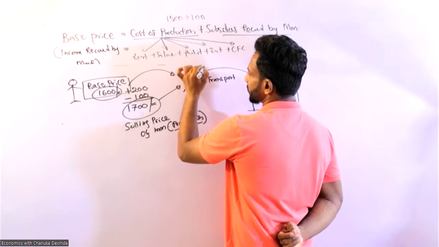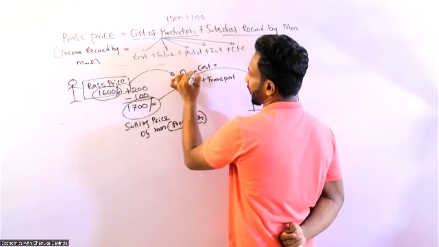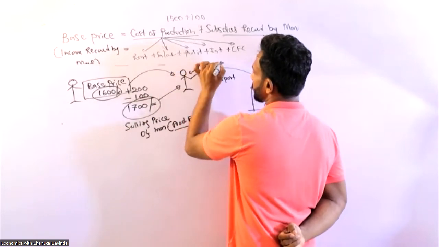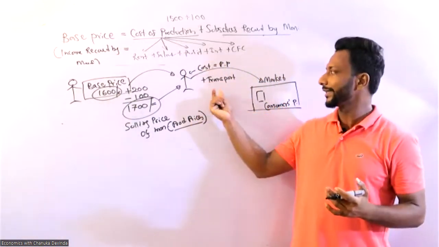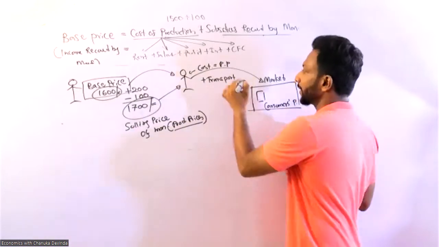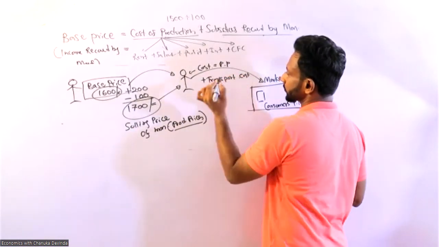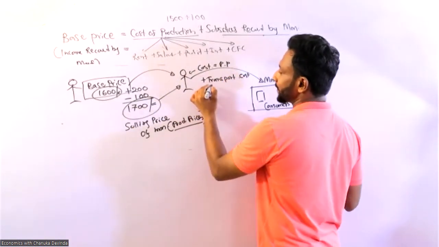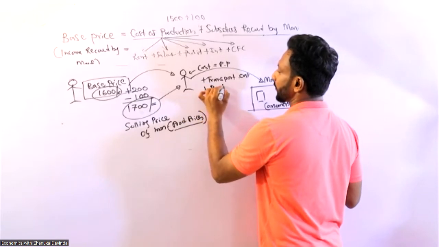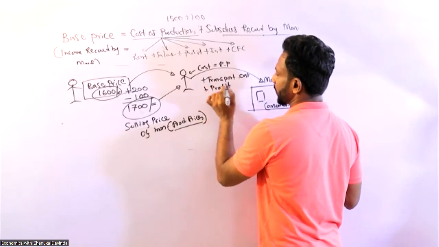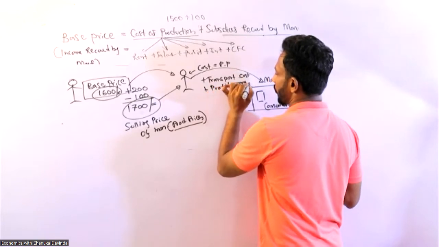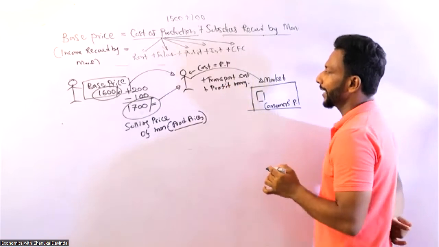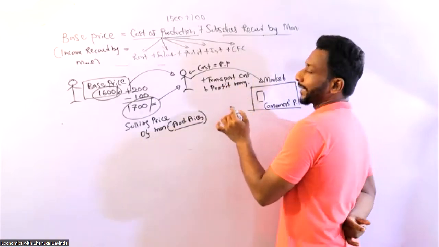To that producer price, of course, he will add transport cost if any, and also he will add his profit margin. That is the income for himself, profit margin, and now he can sell it to the consumer.